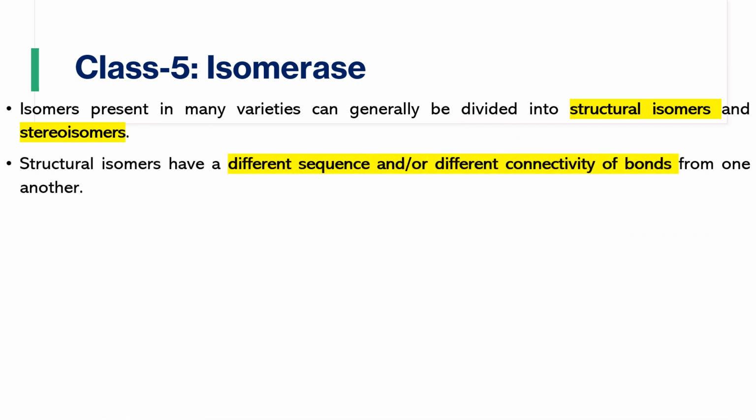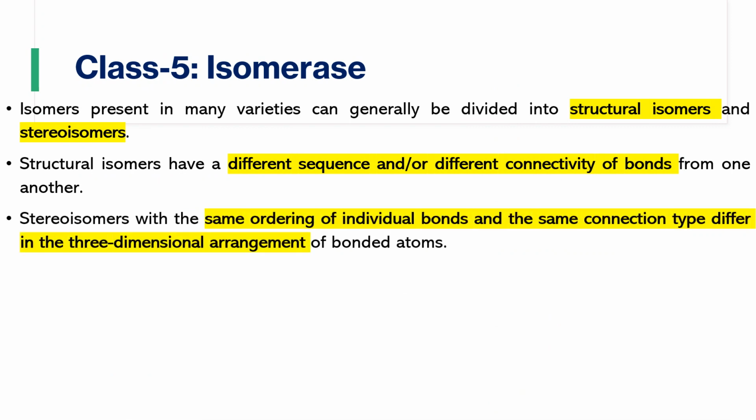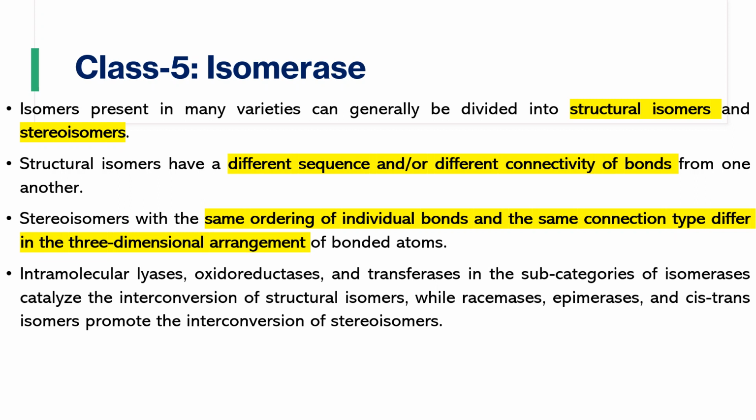Structural isomers have a different sequence or different connectivity of bonds from one another, whereas stereoisomers have the same order of atoms, but the three-dimensional arrangements are different. Intramolecular lyase, oxidoreductase or transferase, in the subcategories of isomerases, catalyze the interconversion of structural isomers.